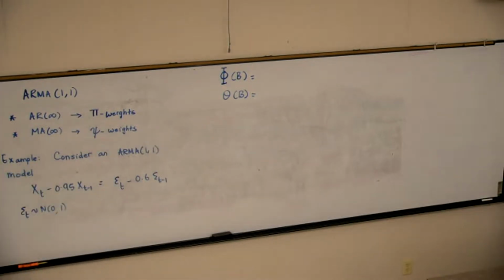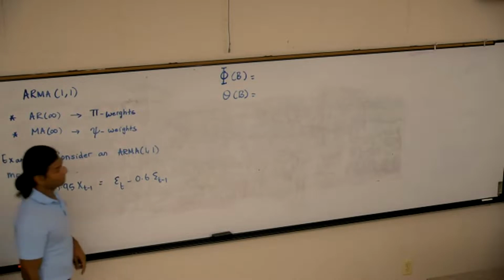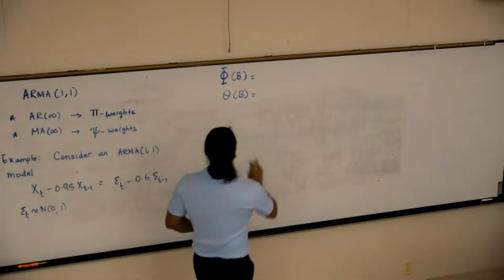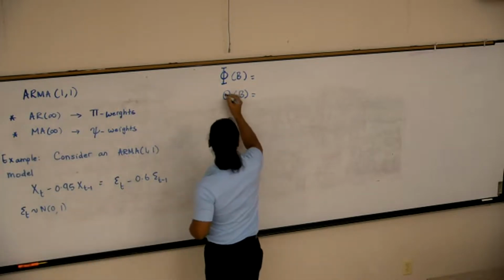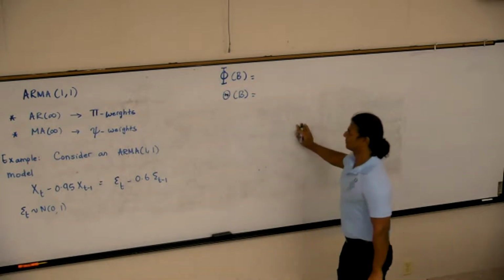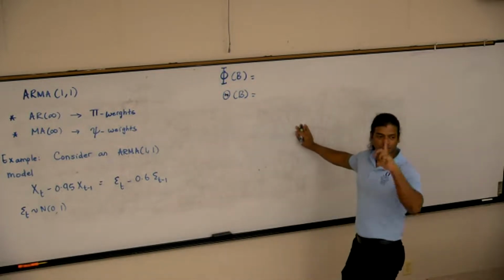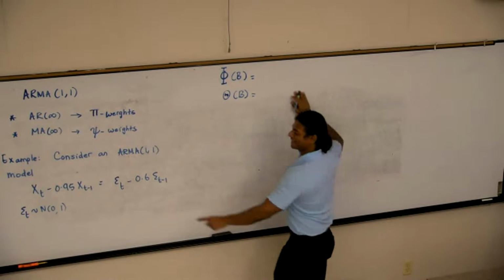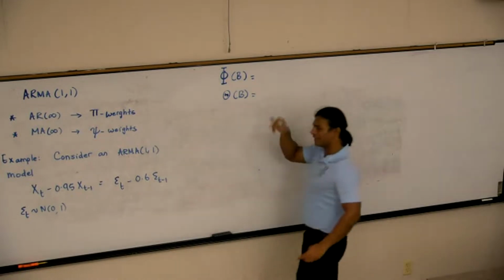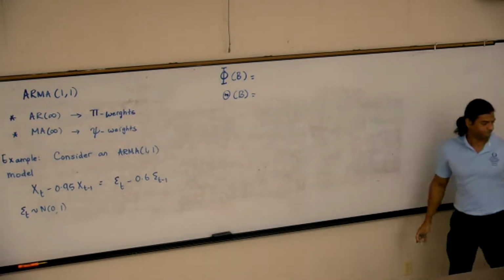Brains go one step ahead of me. So, phi of B, what would it be? Isn't that the capital theta? Yes. Okay. I thought it would work if I made it bigger. So what is phi of B?